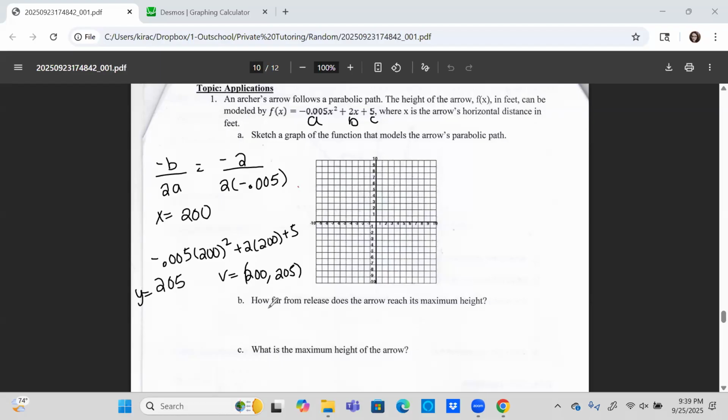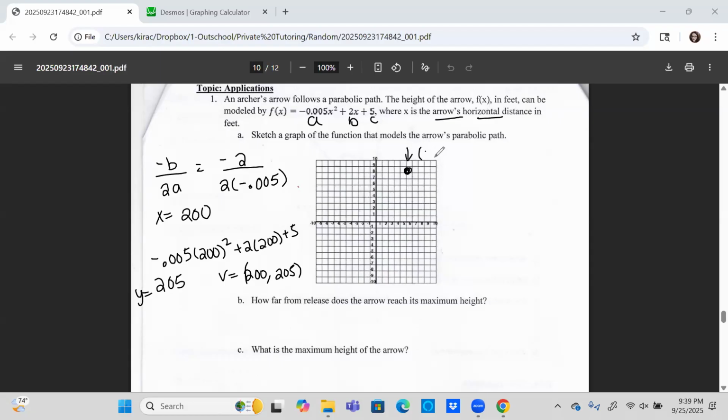The x is the arrow's horizontal distance, and the y is the height. So how far from the release did it reach its maximum? Let's just say this is the maximum. This graph is not to scale.